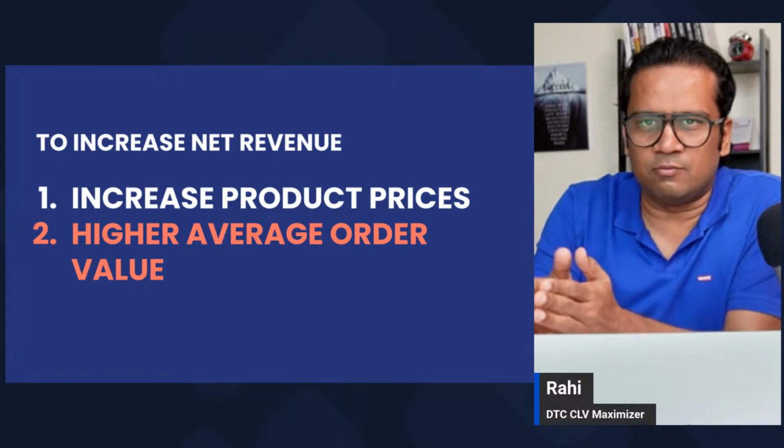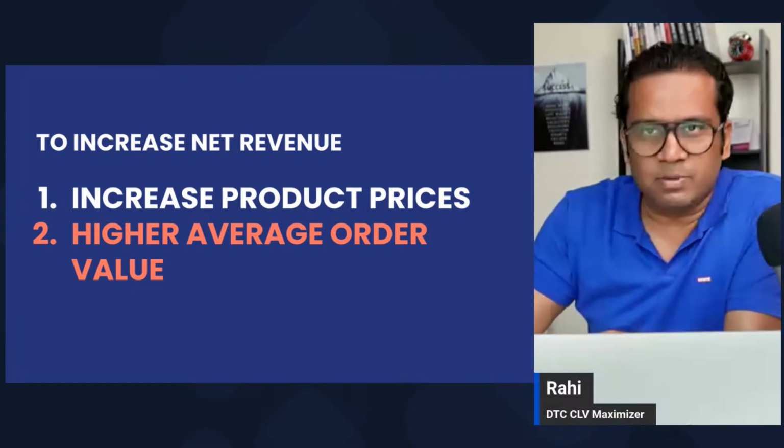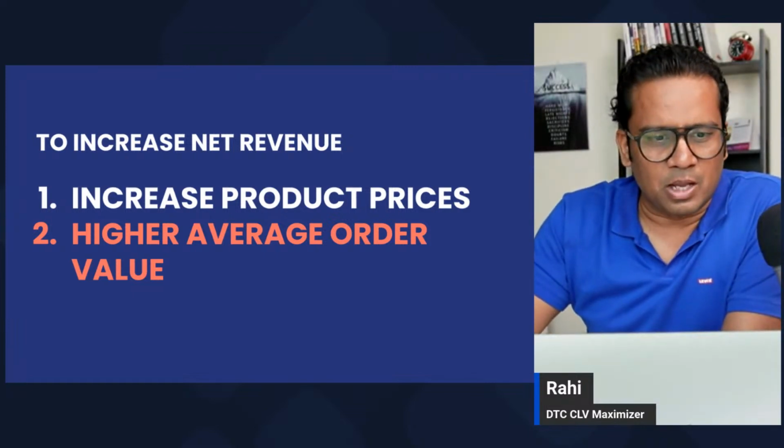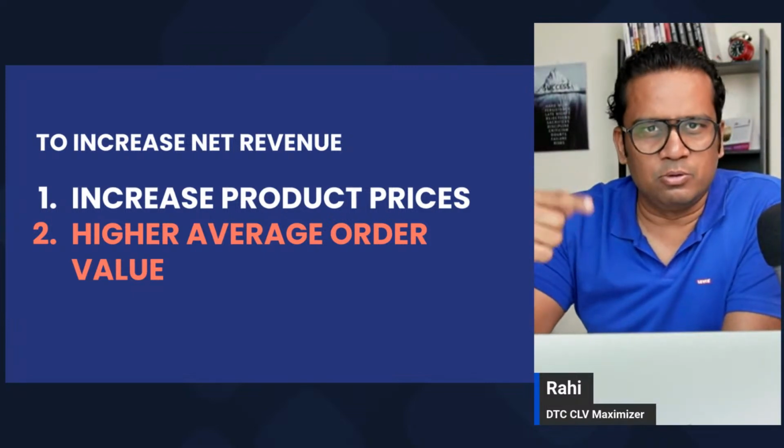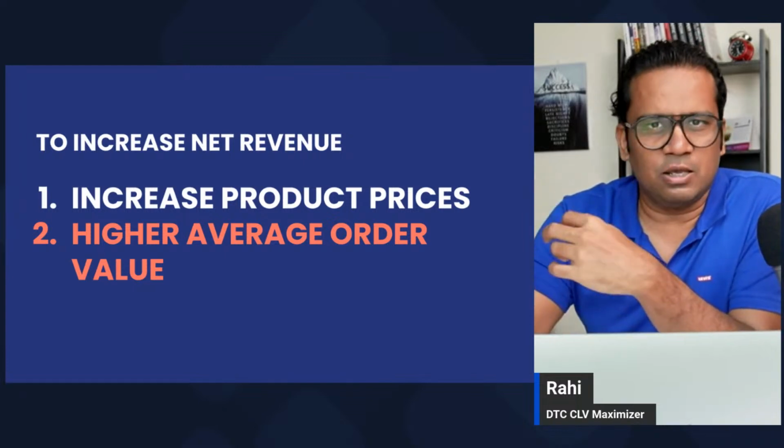So instead of buying one item, with cross-selling and upselling, the customer buys three items. So you increase the count of units per order. These are the two levers within AOV.